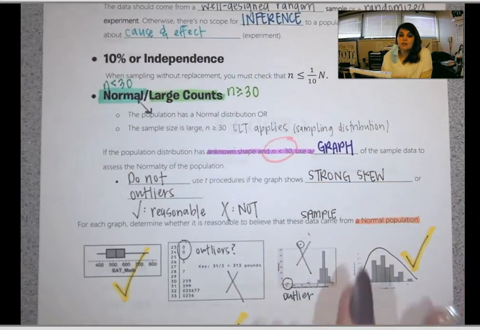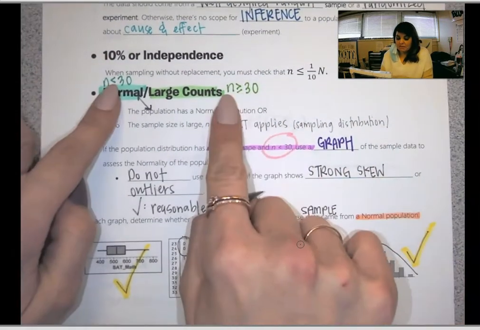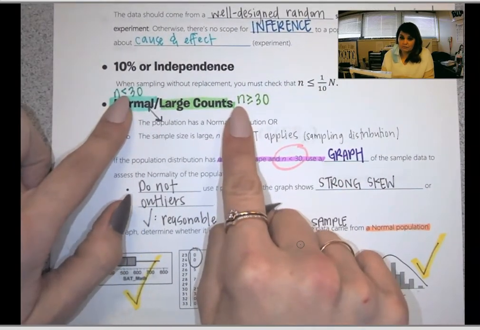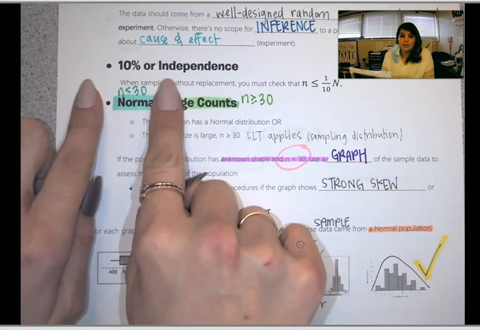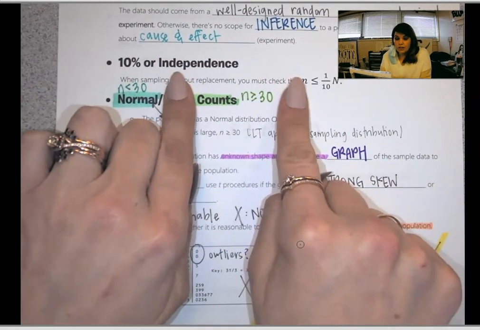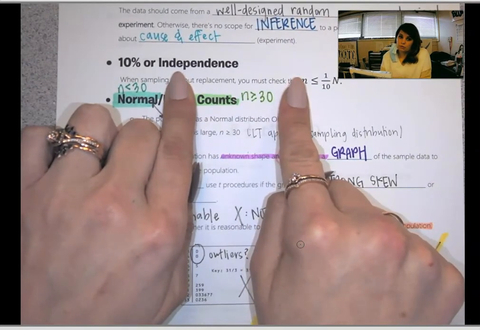It is very important that you understand that these are separate. Either you're looking at whether the population is normal, or you're looking at whether the sampling distribution is normal.